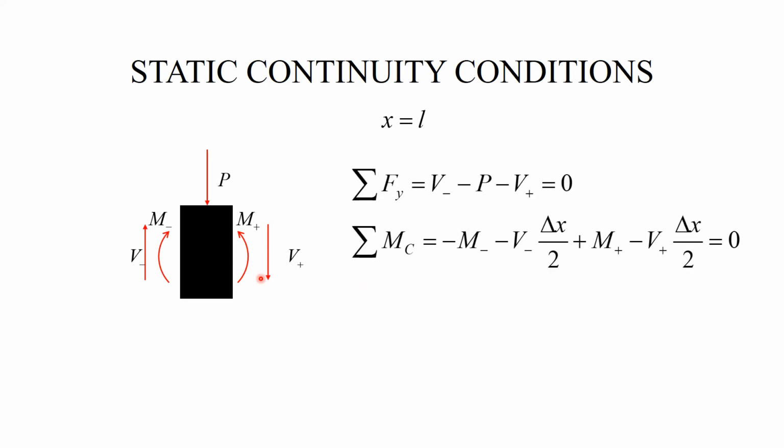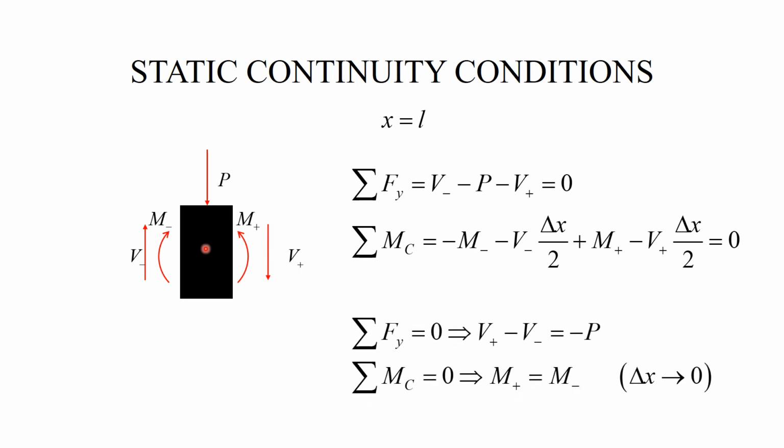So the equilibrium equation for this element for the forces V minus, V plus, and P, and I'll calculate some of the moments about this point. So involves two couples, and each force has the arm of delta x over 2. And now if I simplify these equations, I will conclude that V plus minus V minus is equal to minus P. What does it mean?